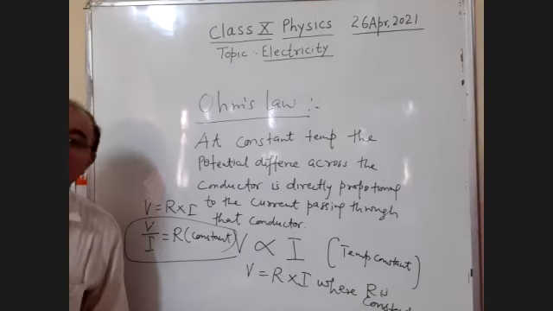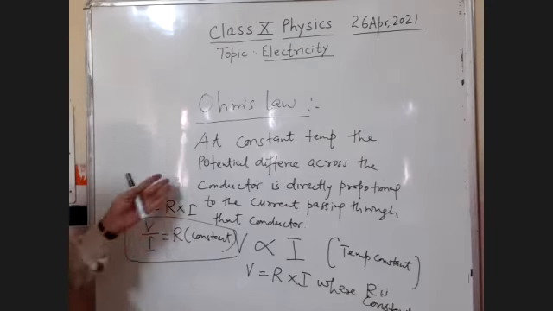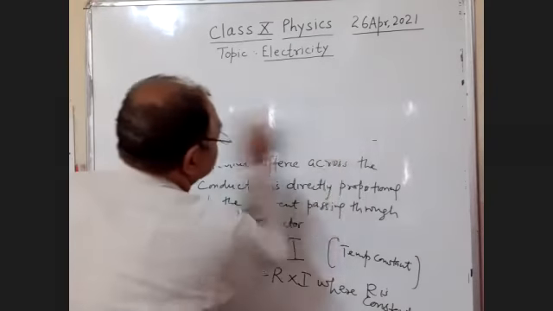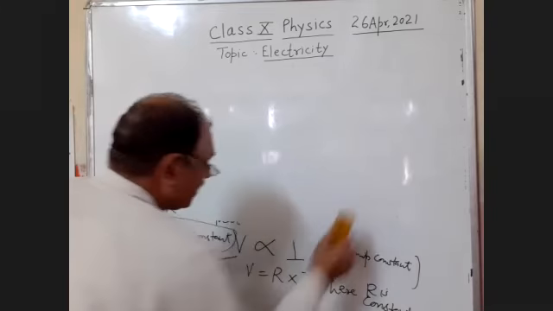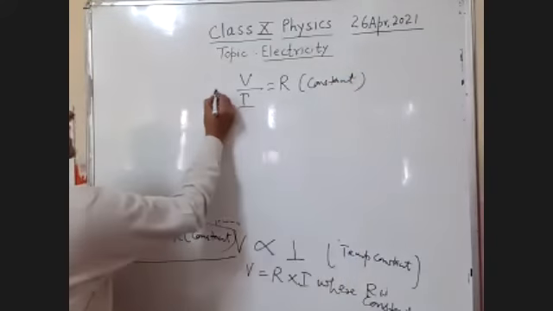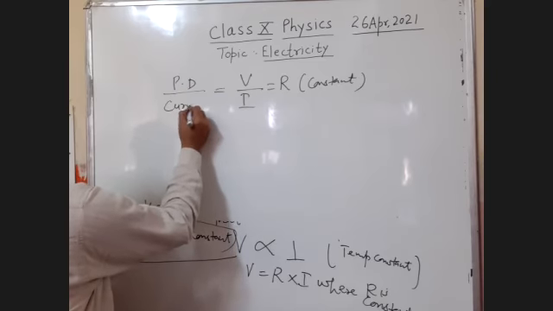If I draw the graph between V and I, now further to that Ohm's law, again I write down V by I is equal to R, constant. Means here it is potential difference divided by current.